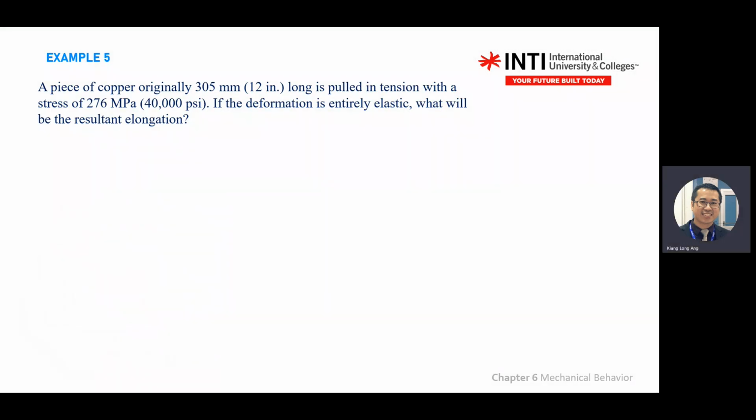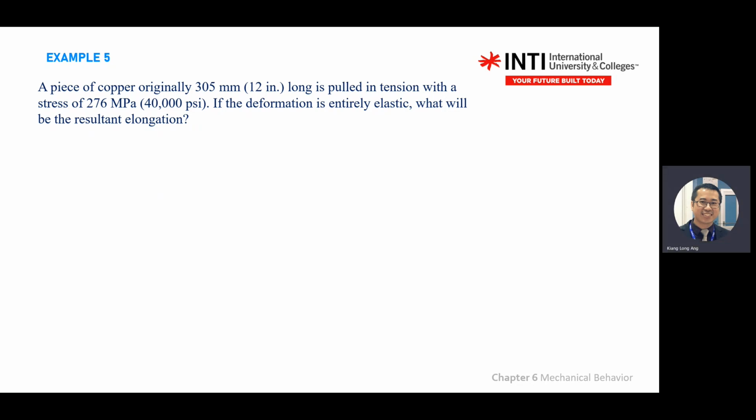Okay, last example. Example 5, then we call it a day. You're given a 305 mm long copper specimen pulled in tension. Tension means pulled at both ends in the longitudinal direction with a stress of 276 megapascal.